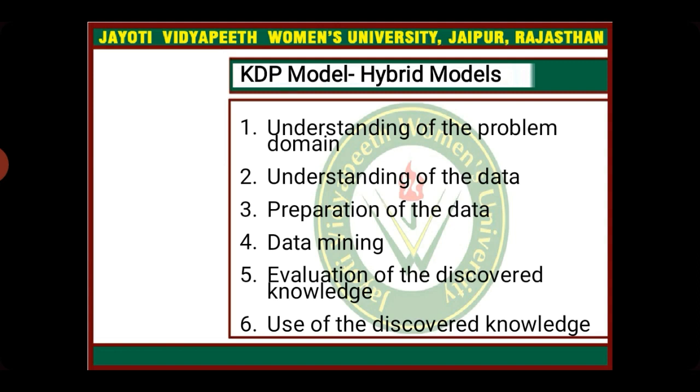The second is understanding of the data. This step includes collecting sample data and deciding which data, including format and size, will be needed. Background knowledge can be used to guide these efforts.